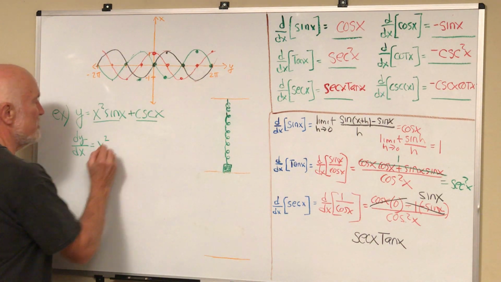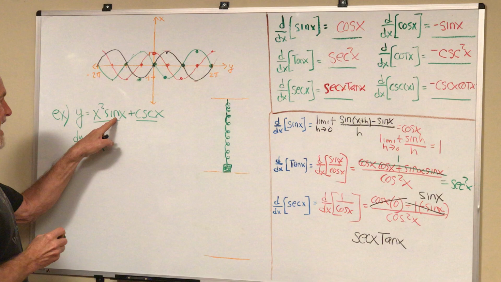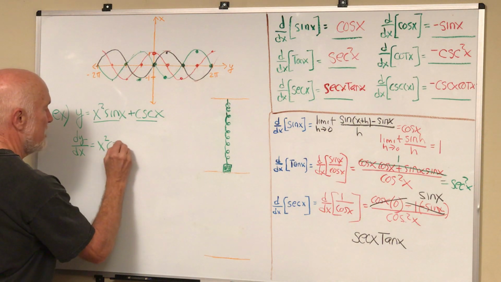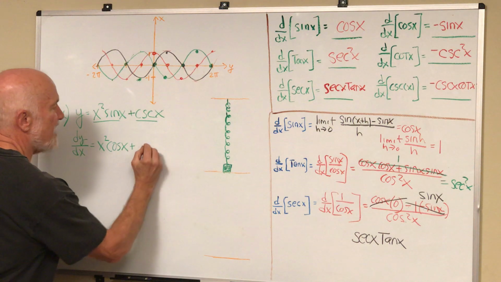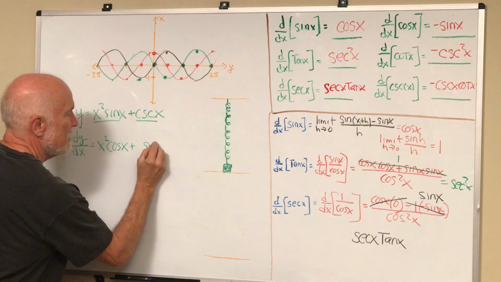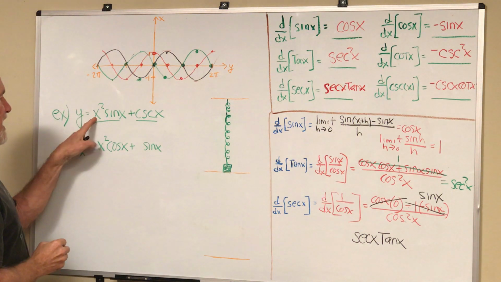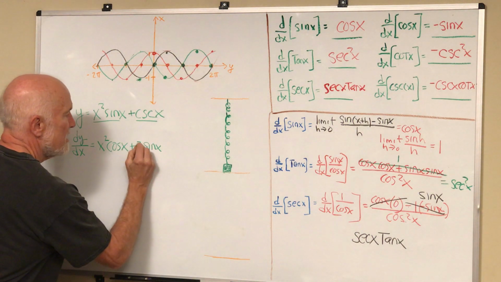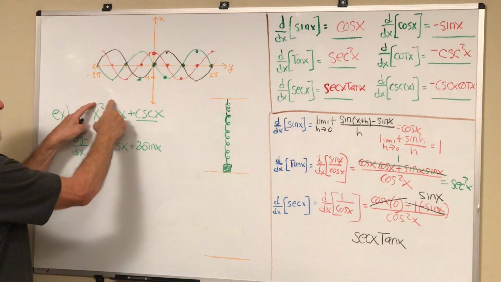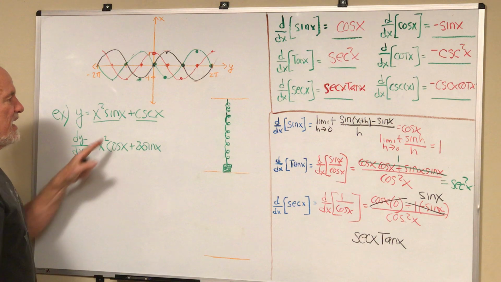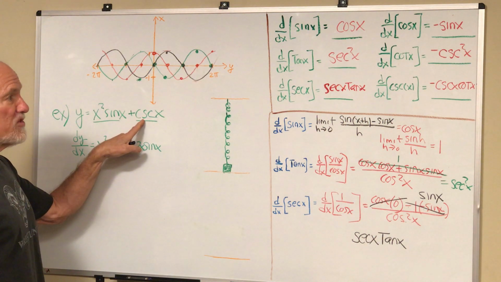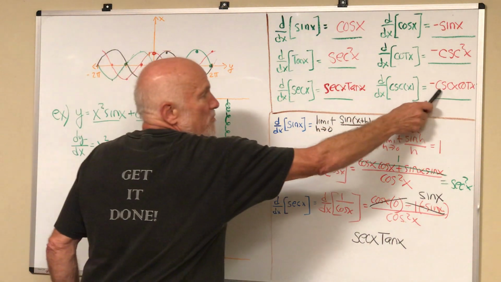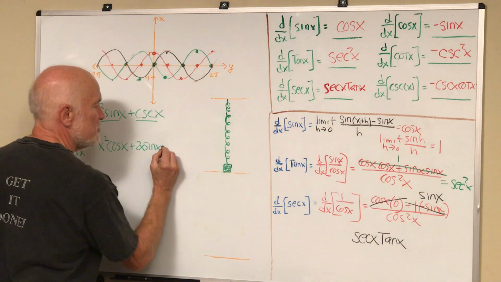The first function times the derivative of the sine, which is the cosine, plus the sine of x times the derivative of x squared, which is 2x. So now we've taken care of this, and then what's the derivative of the cosecant? Well, that's just kind of a memorization thing. It's minus the cosecant cotangent.